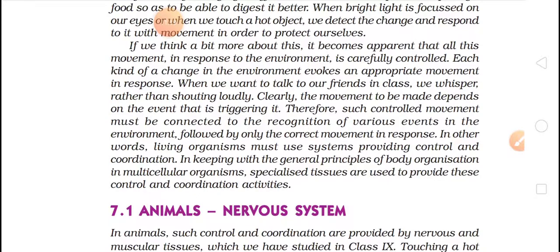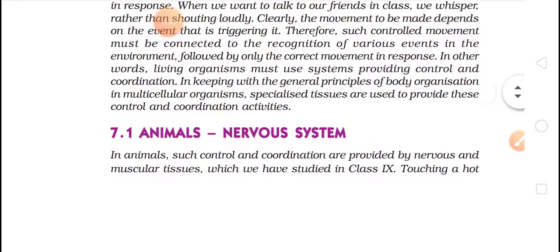So when to do that movement slowly and when to do it fast, it is all being coordinated by the nervous system. The brain will send a message to the muscles of our hand, at that time the muscles will move, and ultimately our hand will move. So that is our nervous system. Let's see what they are talking about.